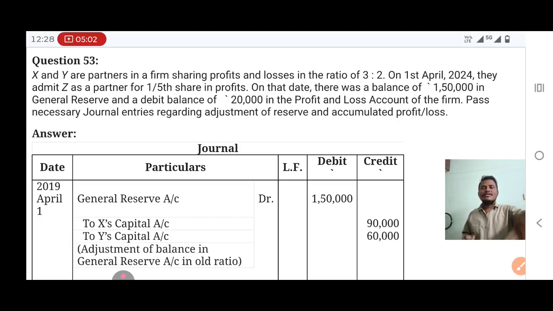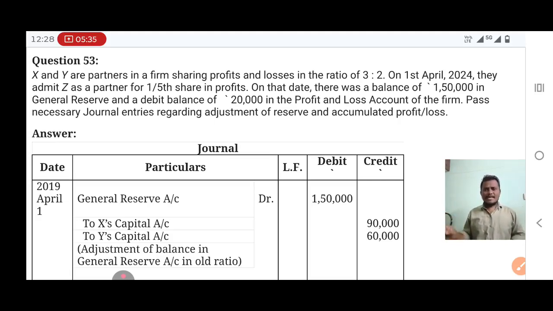So here I will be recording two sets of entries. First I will split the general reserve, then I will split the profit and loss account. The entry will be general reserve account Dr., to partners' capital accounts, X's capital and Y's capital. For splitting the profit and loss account on the asset side of the balance sheet, you should record that item in the debit side of the capital account.